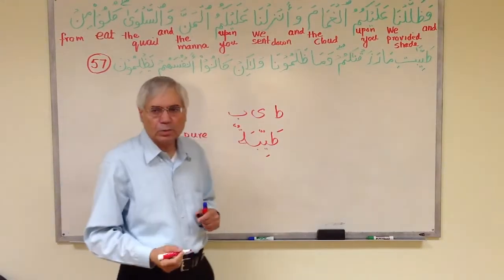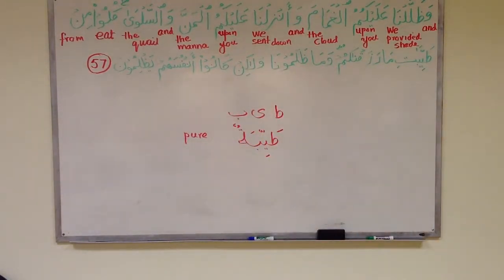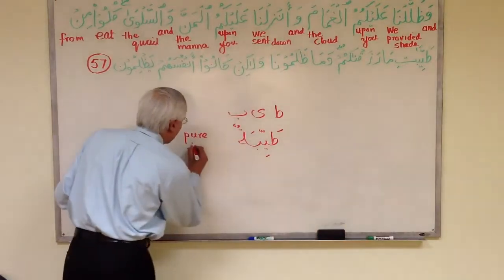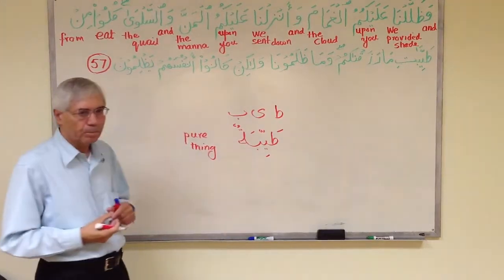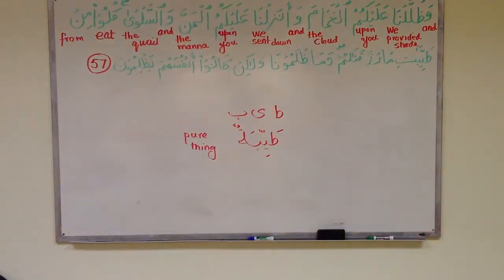This word is commonly used, like kalimah tayyibah, but tayyibatun is actually the word. Something which is very pure is tayyib. Tayyib is masculine, tayyibatun is feminine. So tayyibatun means pure. Something very pure, or a pure thing. Something not corrupted is pure, as against something which is impure.